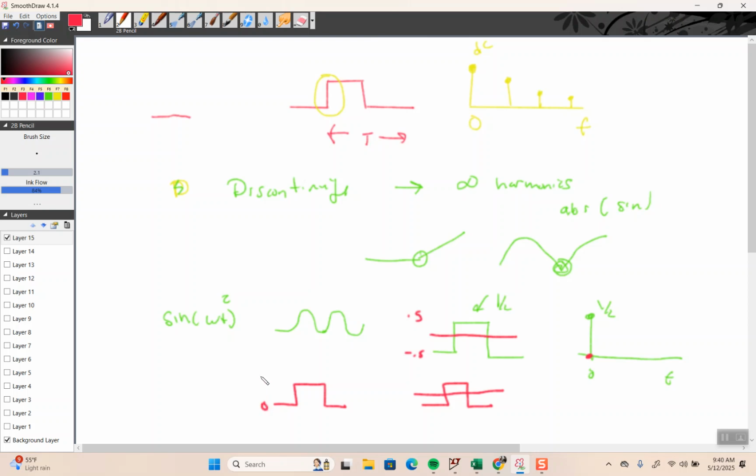So let's say 0 to 1, minus 0.5 to 0.5, right? They will all have, this one has no DC, but then we'll have the classic harmonic type pattern. Right. And that'll have the same classic pattern.